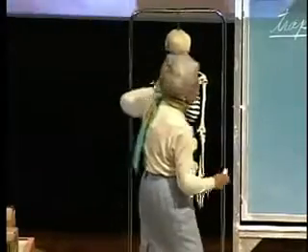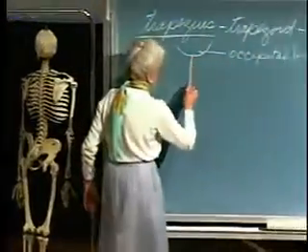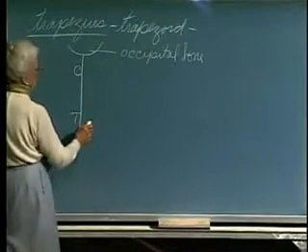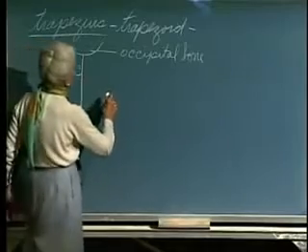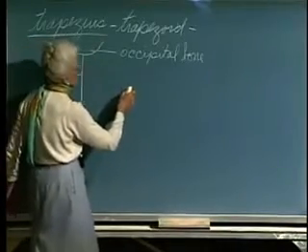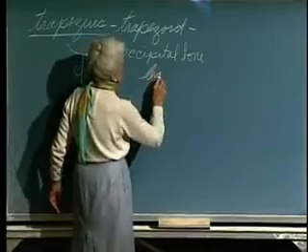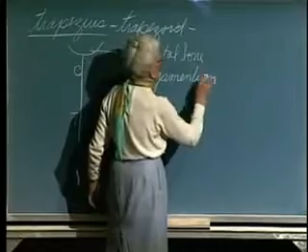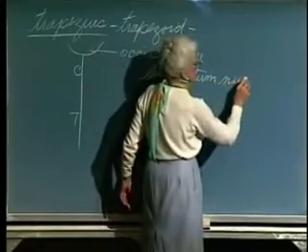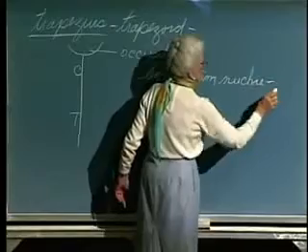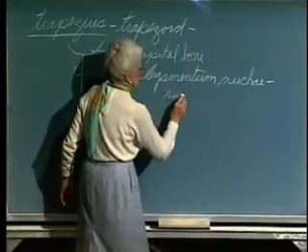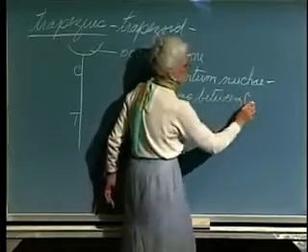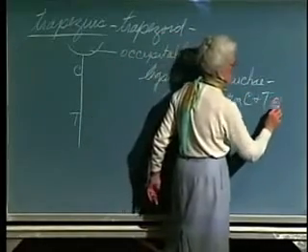So we're going to start with the occiput, and then we have the cervical and thoracic vertebrae, and there's a ligament that runs between the spines, the ligamentum nuchae, which runs between cervical and thoracic spines.